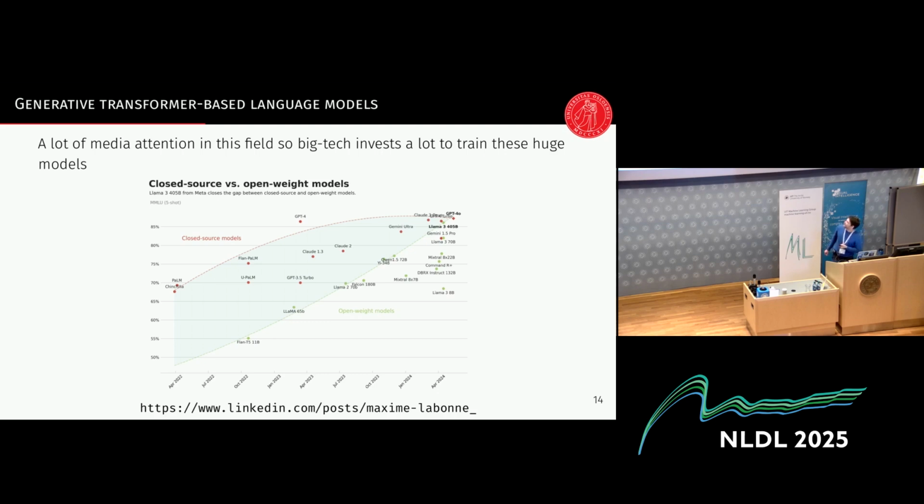And I'm not sure how visible this picture is, but it shows time on the x-axis, and on the y-axis, it shows the performance on the MMLU benchmark, which is a famous language modeling benchmark which is nowadays used. And it shows the big revolution of the language models, how they got better and better.